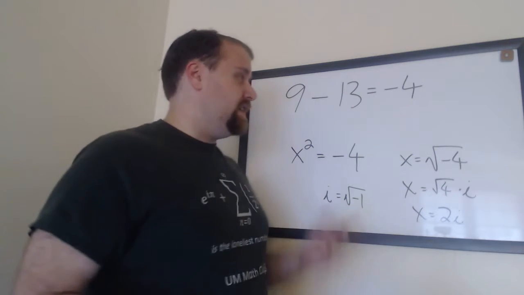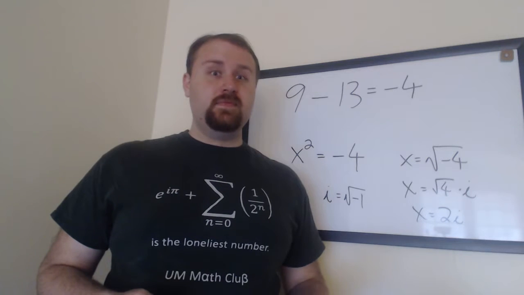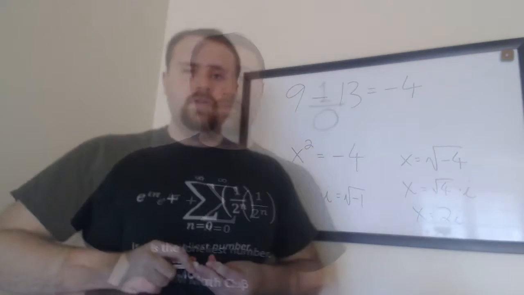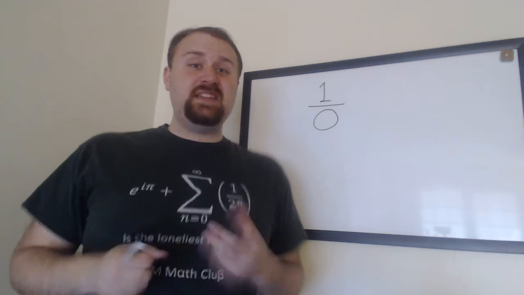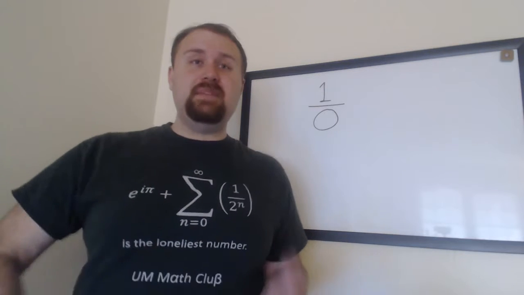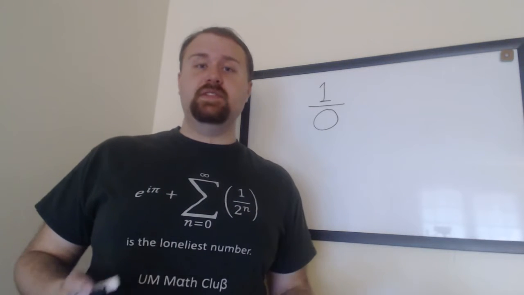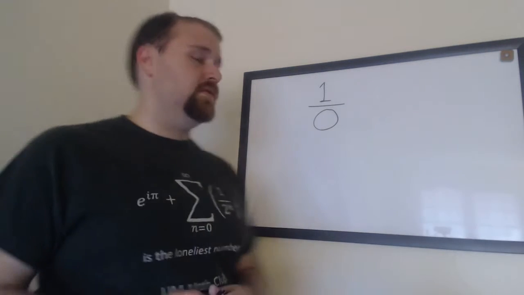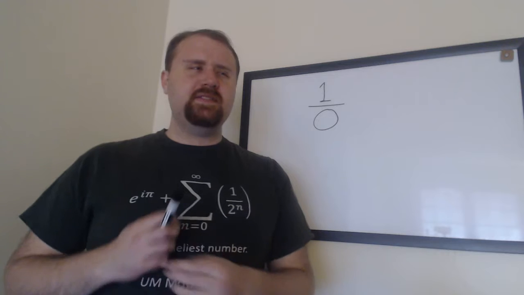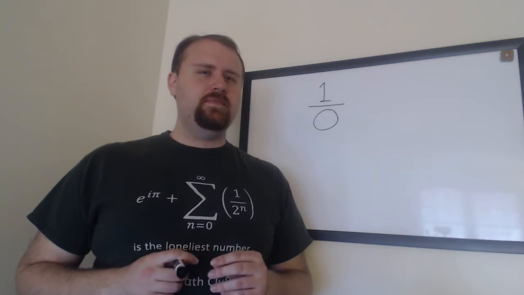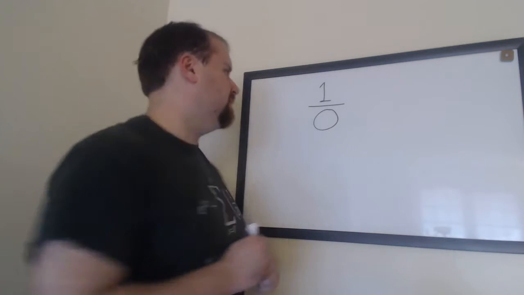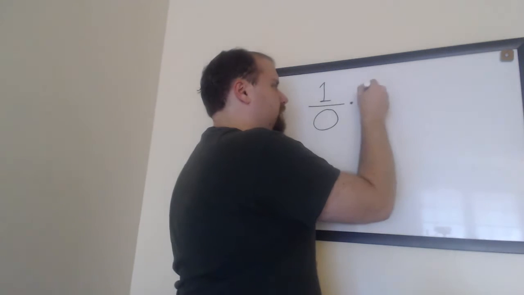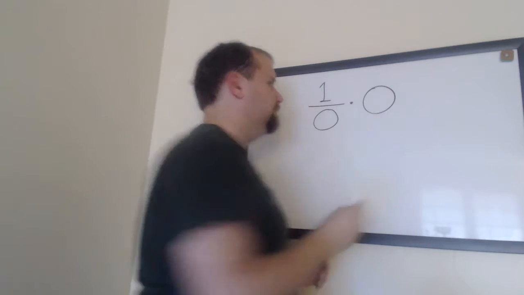Well, it doesn't expand our number system, quite the opposite. So let's say for a moment that we can divide by 0. That means that one of the numbers in our system should be this, the quotient of 1 and 0. Well, this can lead to a bit of a sticky problem, because what is this equal to?